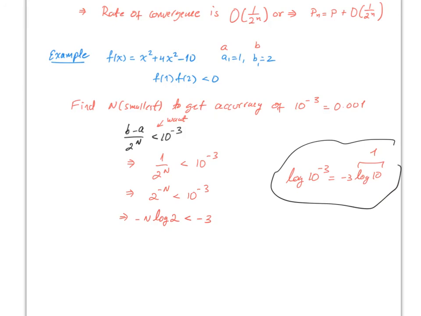You could also use base 2, but either way gives you the same answer. So from here we have that n has to be bigger than 3 over log base 10 of 2. This is equal to 9.96, or around 10 iterations.